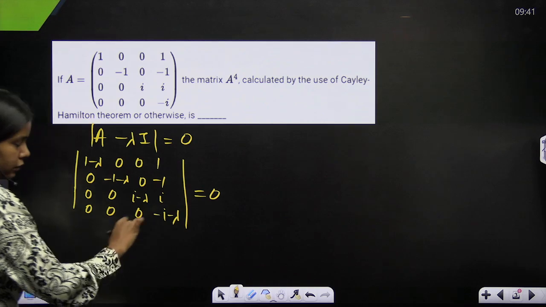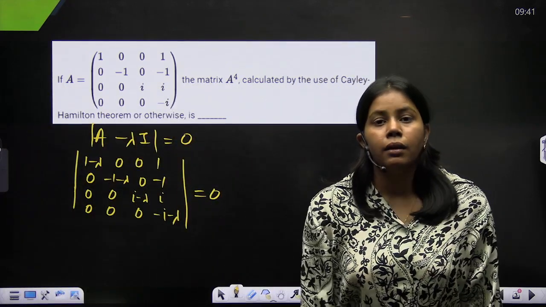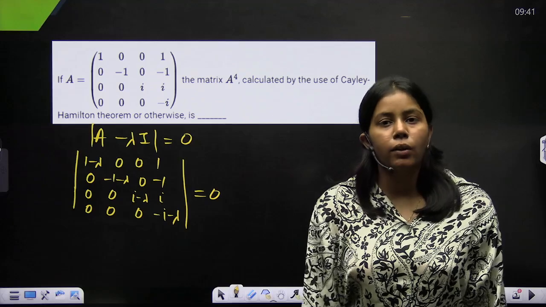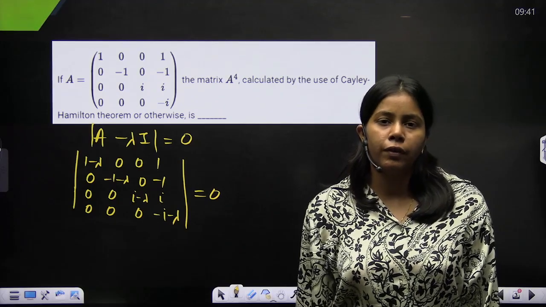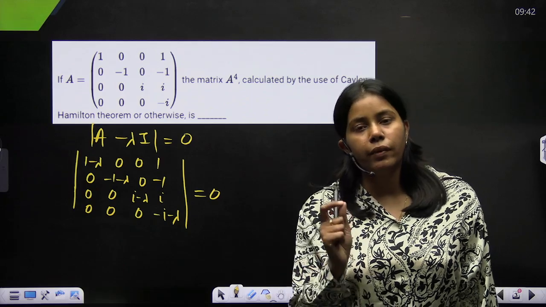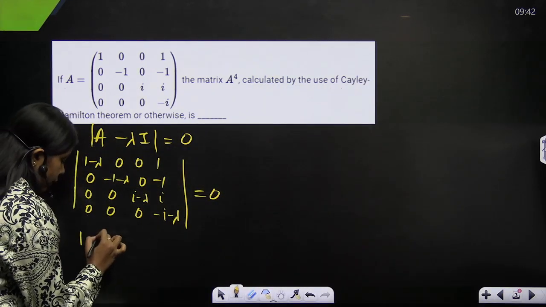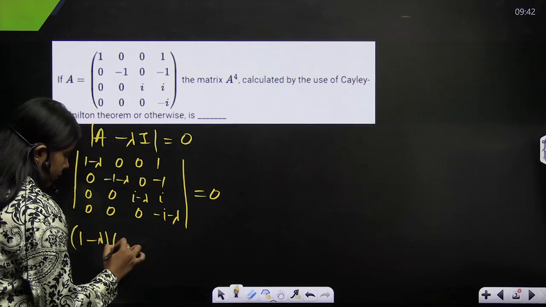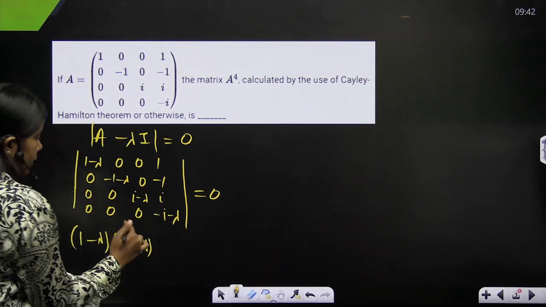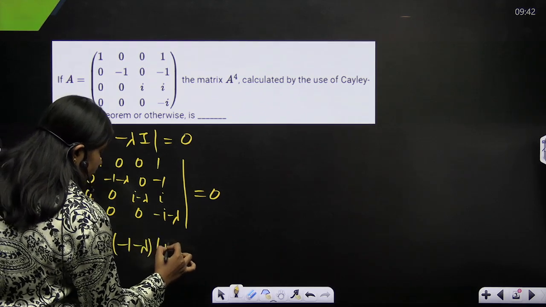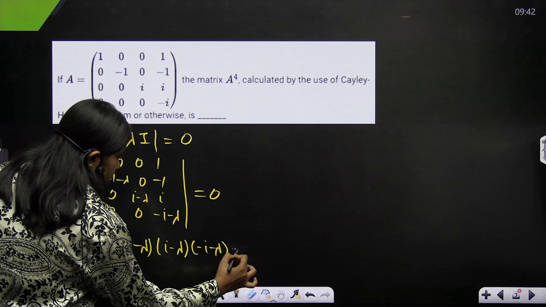I need to find this determinant, and we know that when I have an upper triangular, lower triangular or diagonal matrix, the determinant is just the product of the diagonal entries. So I can do 1 minus lambda, minus 1 minus lambda, i minus lambda and minus i minus lambda equals 0.